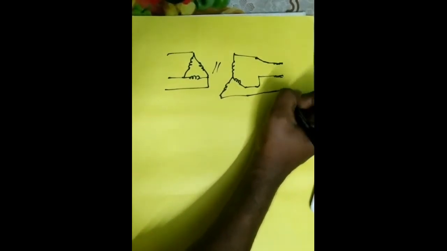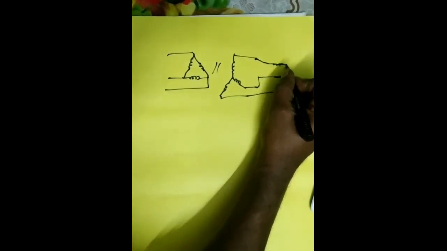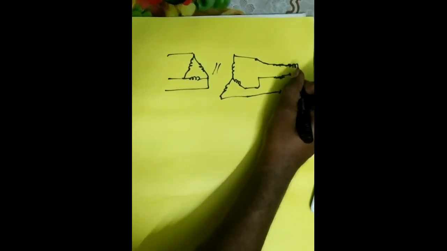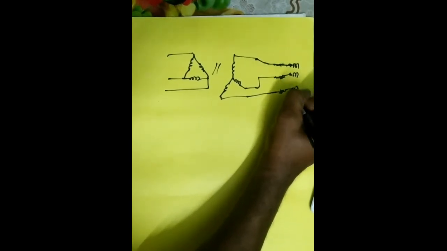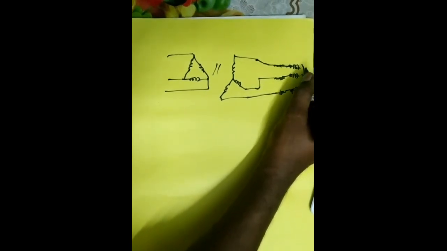It depends upon the client or the designers. Here it's going to be connected to a panel. So first in this panel, we will have a CT. Many panels will have an earth switch. Then only we will have the breaker.